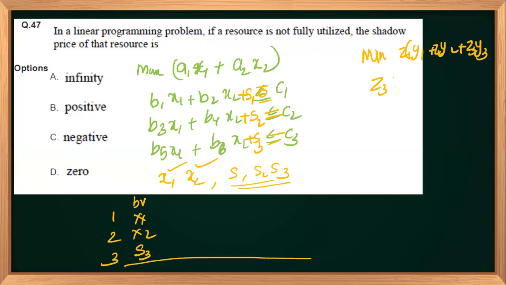So if I take the transpose of this matrix and get y1, y2, and y3, right? If there are three slack variables, there will be three variables in the objective function of my dual, right?